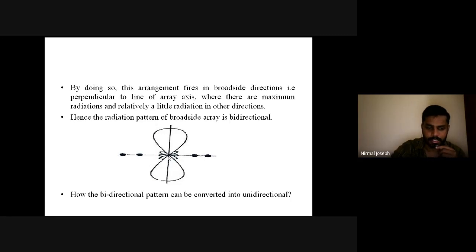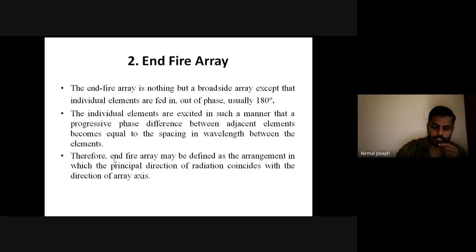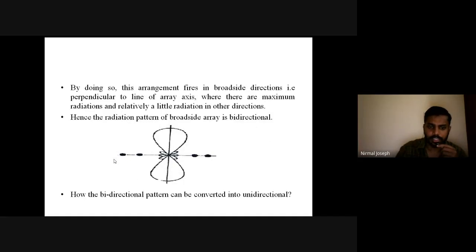So how can this bidirectional pattern be converted into unidirectional? That means I want a broadside antenna array whose radiation pattern should be unidirectional. It should radiate in only one direction. How can that be achieved? That is my question.